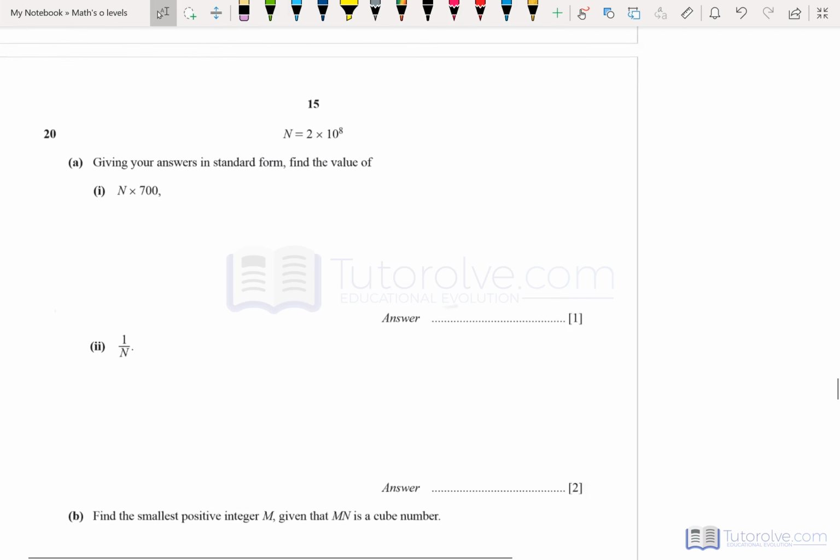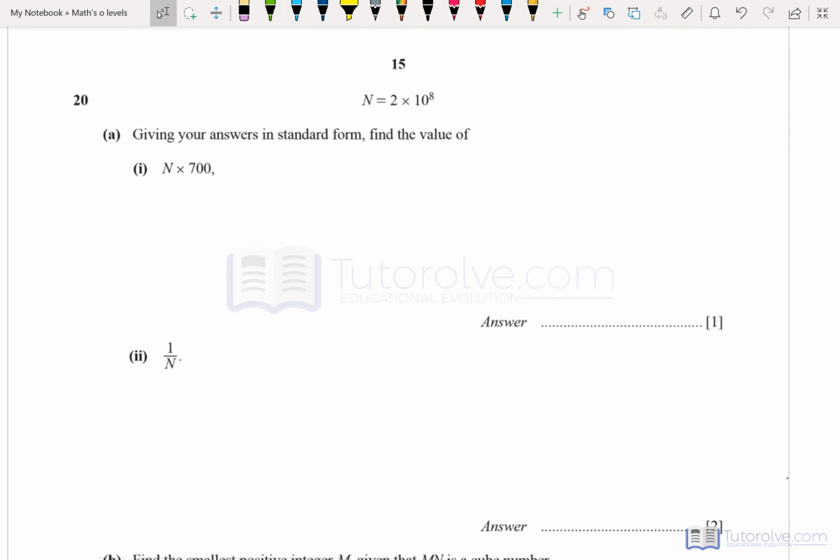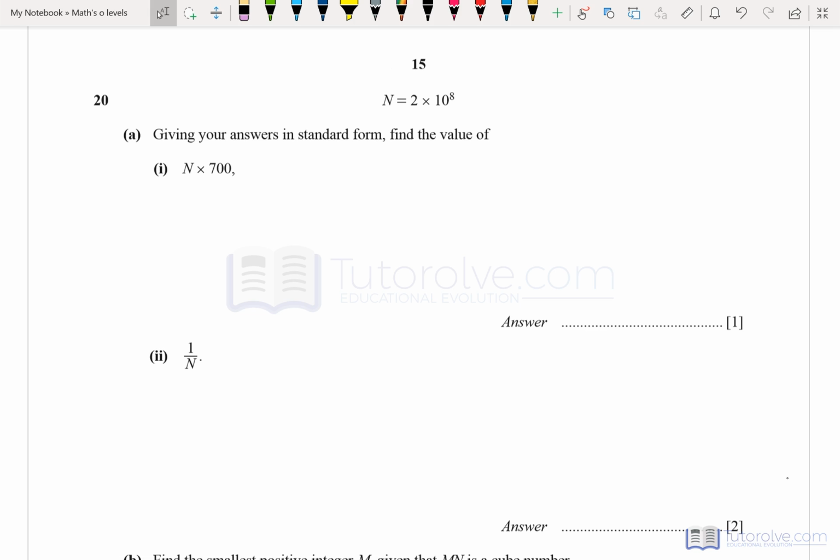Now we have question 20, and they've given us this number in standard form. We have to give our answers in standard form: the value of n times 700. So n is 2 times 10 to the power 8, and then we have 700. You can multiply 700 by 2 and leave the 10 power as it is.